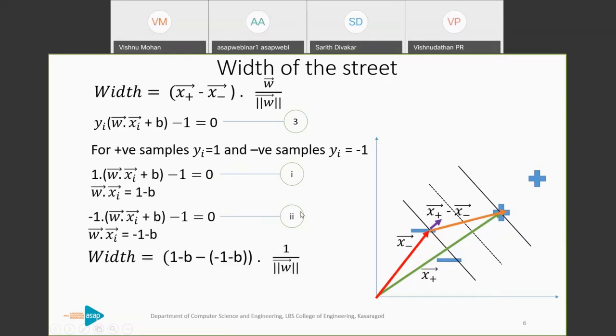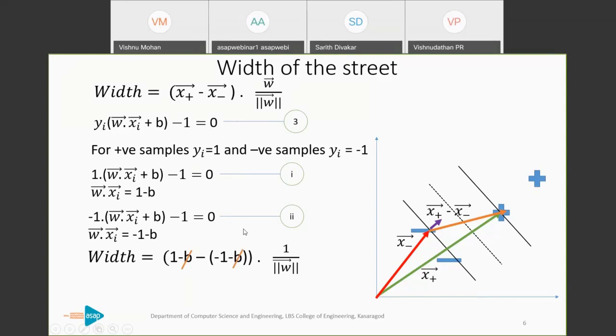So when I substitute, I'll be getting like this: 1 minus b minus (-1 minus b). Okay, I have replaced this dot product with 1 minus b, and there's the minus sign over here. So this b will become plus b. So I'll just cancel it out.